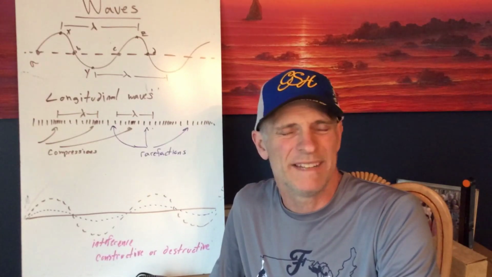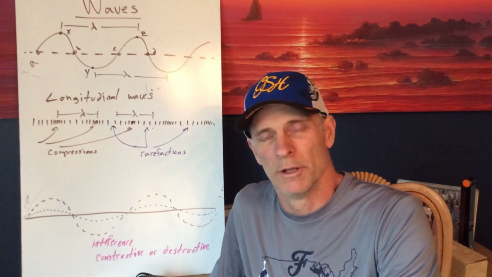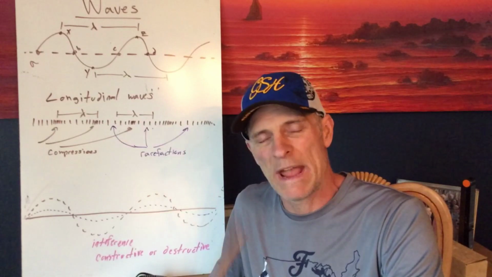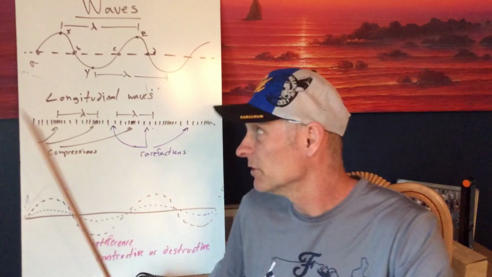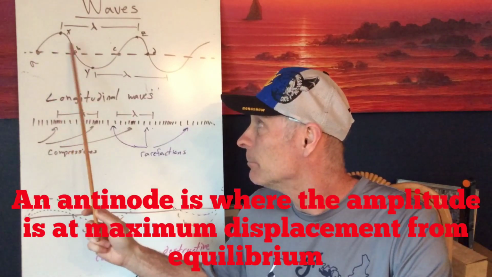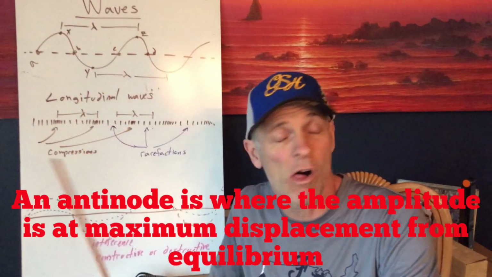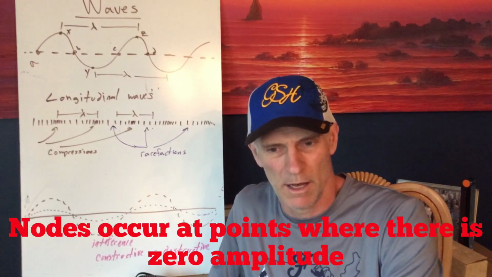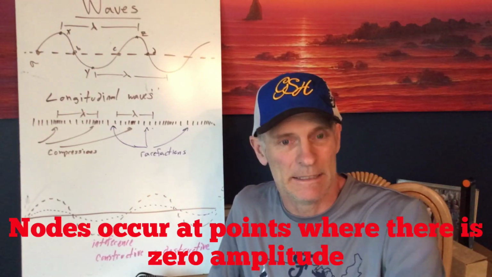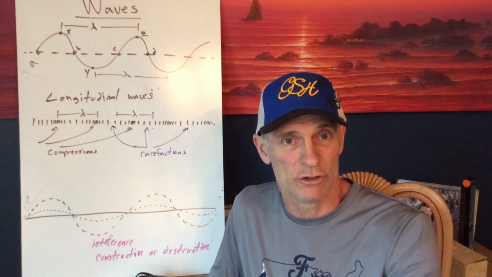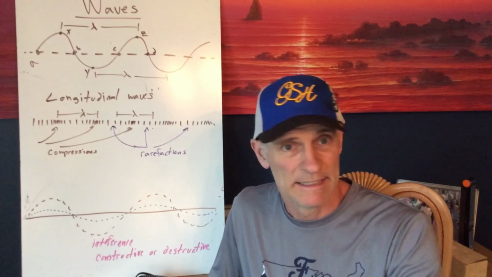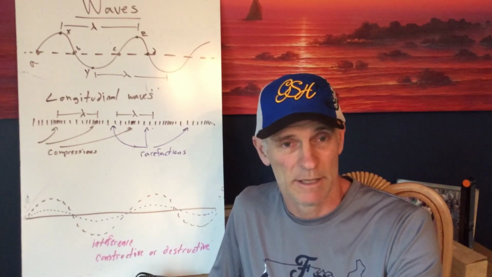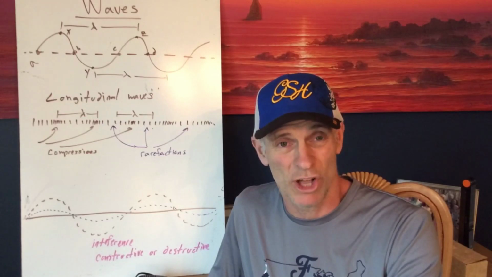So, what is an antinode or a node? A node is where the wave's amplitude goes to zero. In a transverse wave, points A, B, C, and D all are passing the equilibrium point. If this was a wave on a slinky, it would be the point at which you could step over the slinky, if the slinky was moving sideways, where you would not see any motion at all.